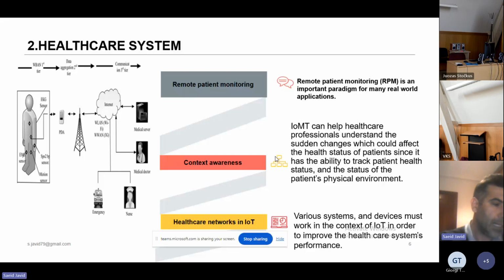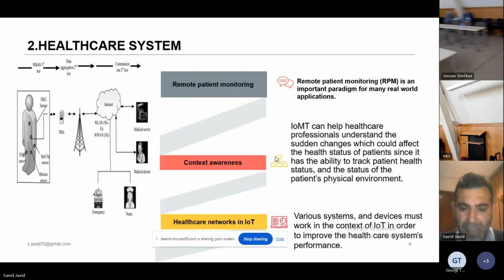The various specialized sensors gather meaningful data that helps in understanding patient status, either at the time of hospitalization, at the patient's house, or anywhere the patient might be.